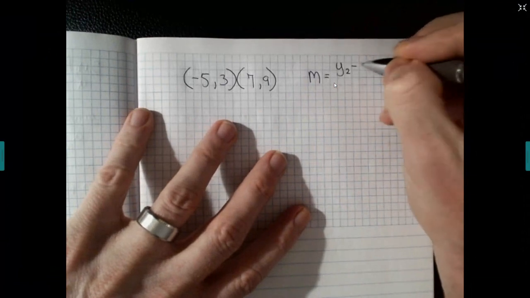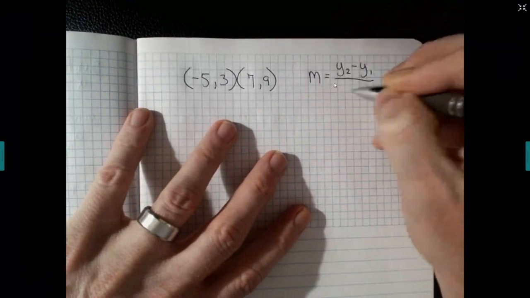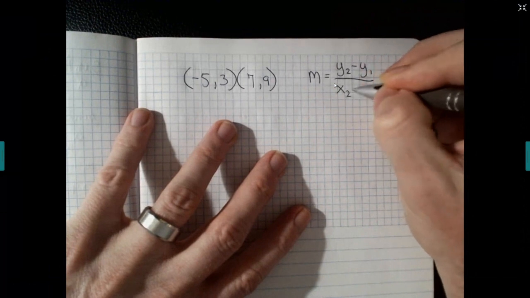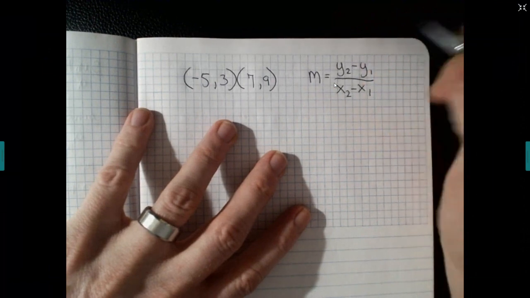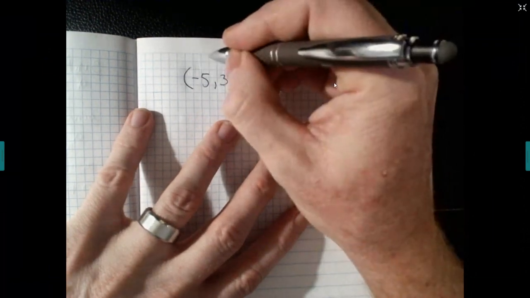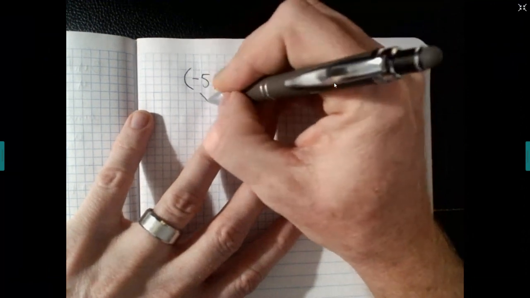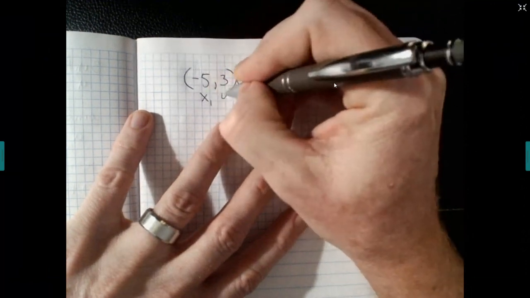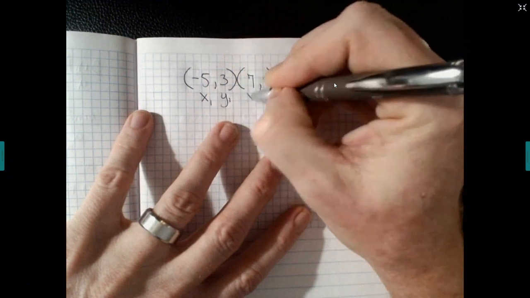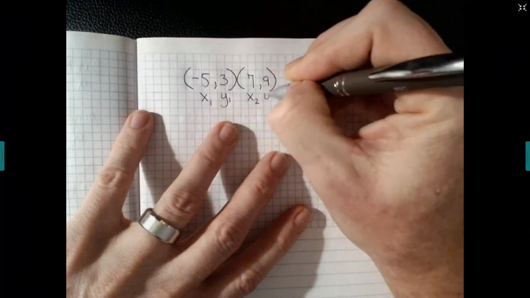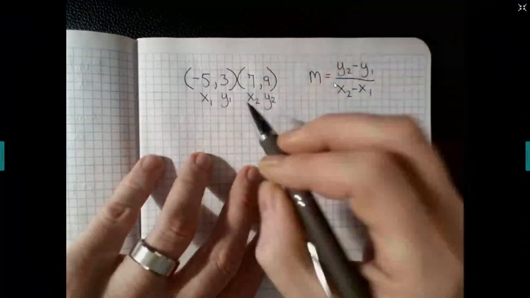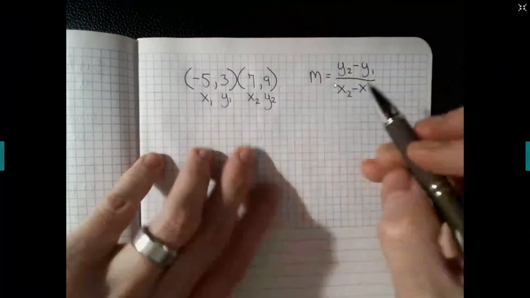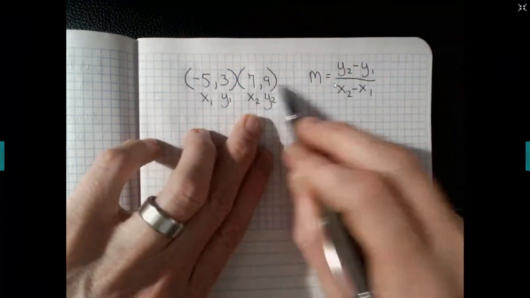So I have to remember this in my memory. That's one thing I have to do. I have to call this out as x sub 1, y sub 1, x sub 2, y sub 2. Have to remember to do that. Then I have to go ahead and do this.